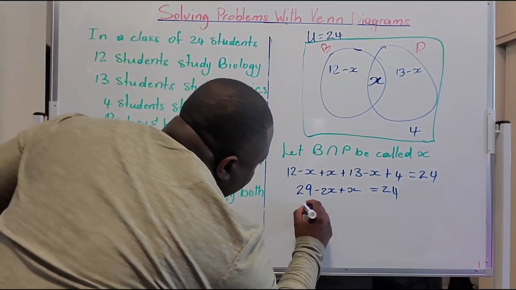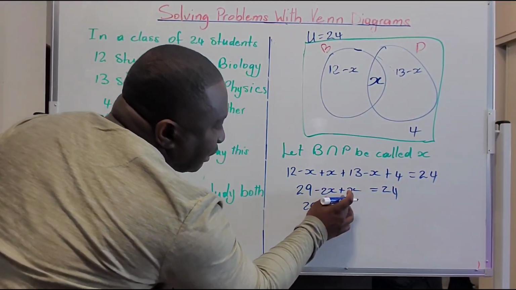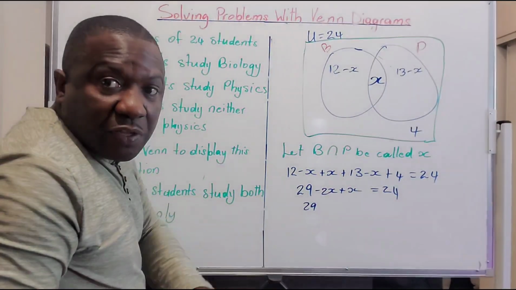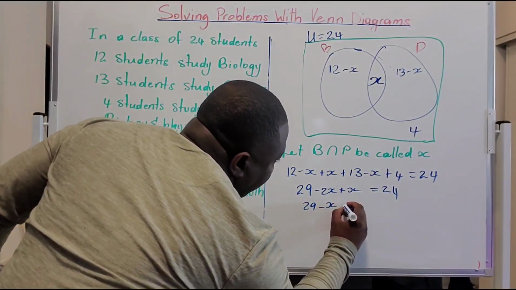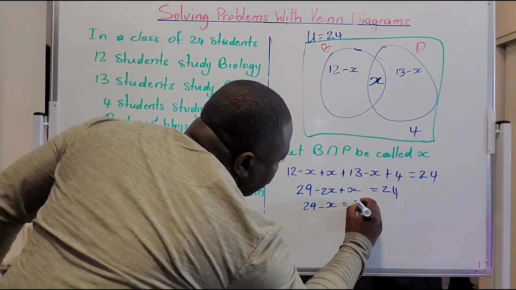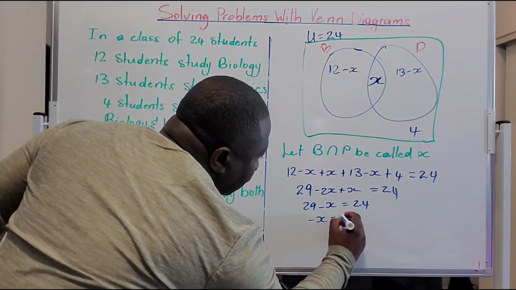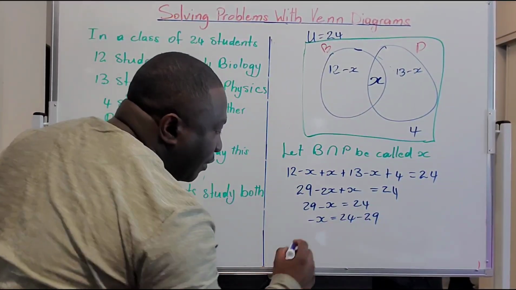Therefore, 29 will take a positive and a negative. We do subtraction, keep the value of the greater absolute value. So we are left with negative X here is equal to 24. Therefore, negative X is equal to 24 take 29.